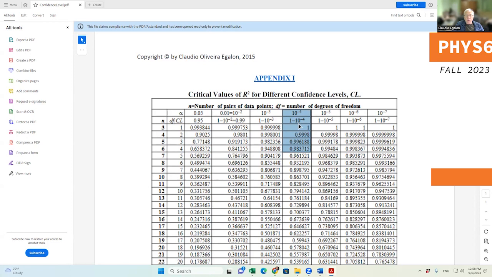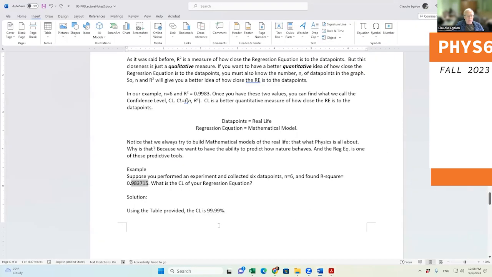And that would correspond to 1 minus 10 to minus 4 for the CL, or 99.99%, right? Which, by the way, is equal to 0.9999 in a fractional form. That's how we write it.